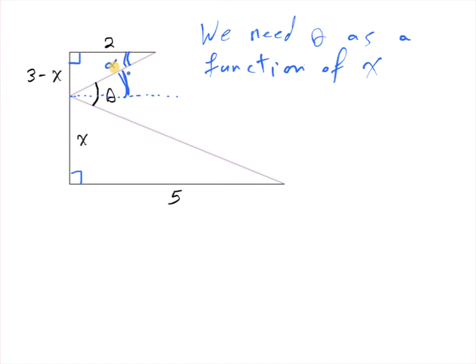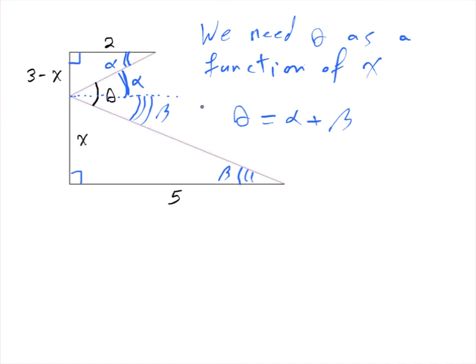Let's call it alpha. And on the other hand, the bottom line is parallel to that dotted line. So if you call this angle beta, then that is equal to this angle. And then we can see theta is alpha plus beta.